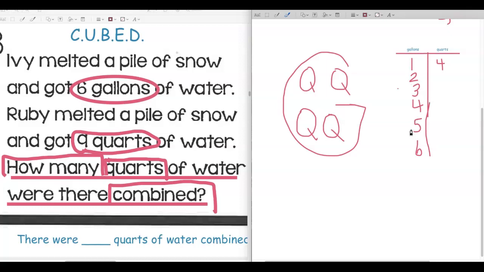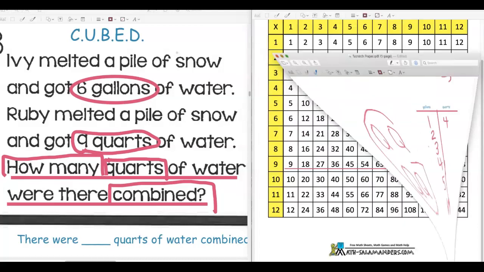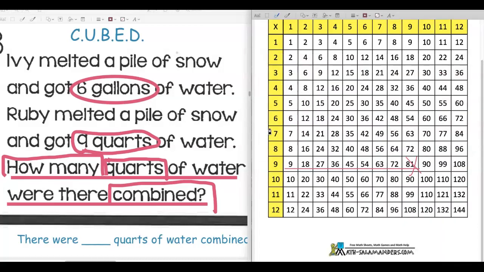Well, I can just go to my multiplication chart then and find out what 6 times 4 would be. Because 6 times 4 is going to tell me how many quarts Ivy had. So I'm going to go to my multiplication chart, and I'm going to find 6 times 4.